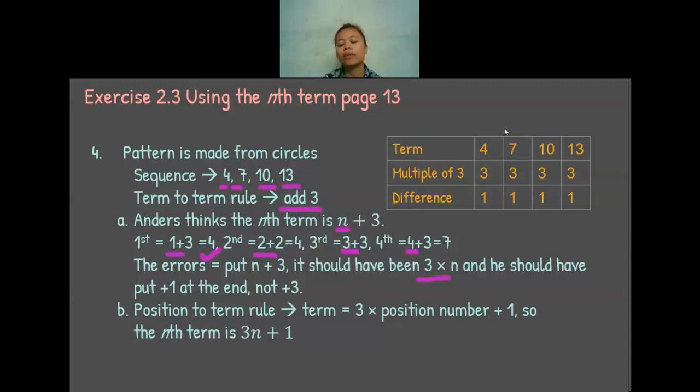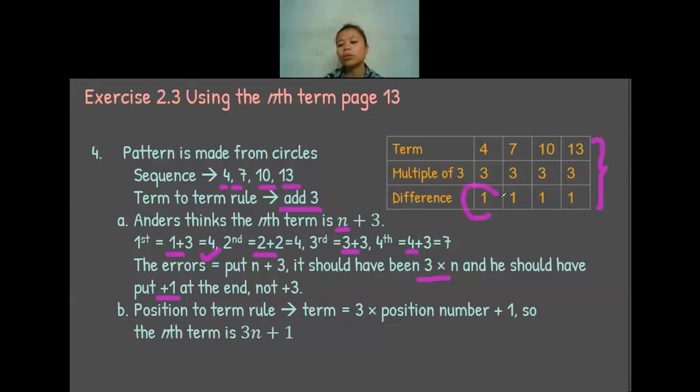When we check the first term, 3 times 1 will only equal 3. It will not equal 4. So that's why we have to add 1. Or if you still get confused, it will be easier if you find the position-to-term rule first. For the position-to-term rule here, you get that the difference is 1.